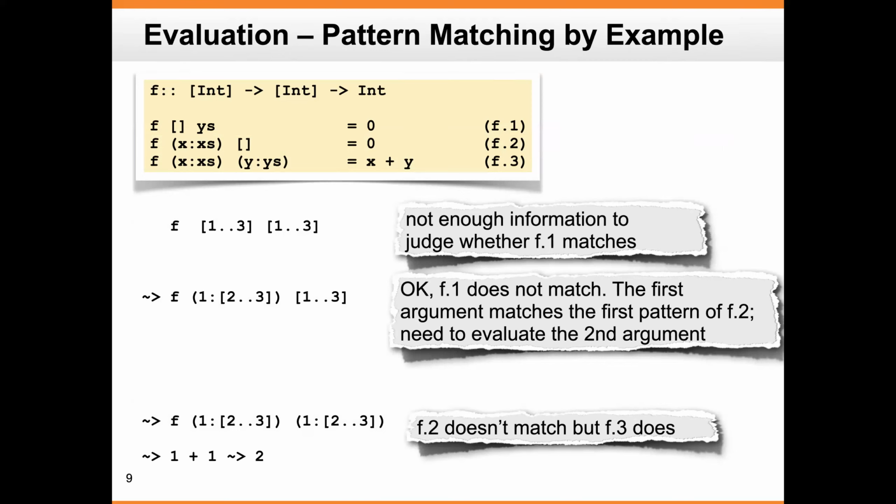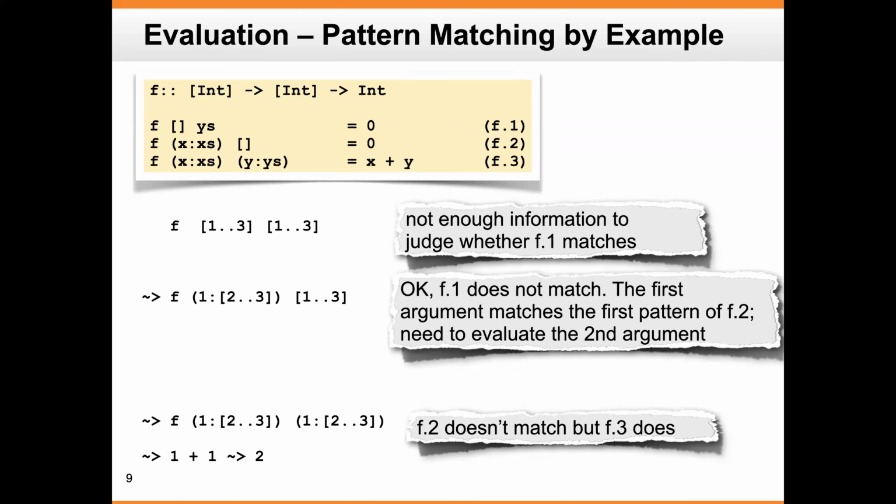In the top left corner of the slides, you should see a function definition, F. The type of this function is, it expects two lists of integer values and returns an integer. So you see this arrow notation, this is a typing notation for functions.